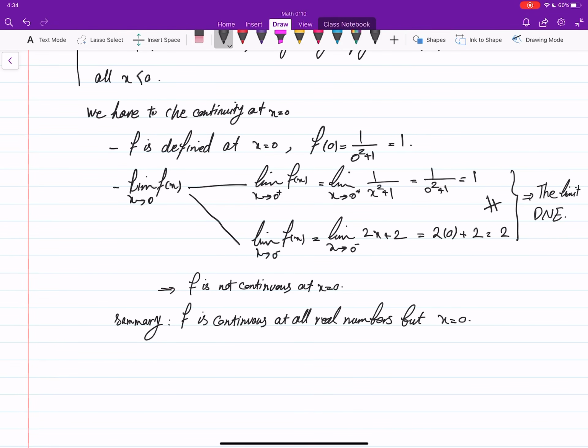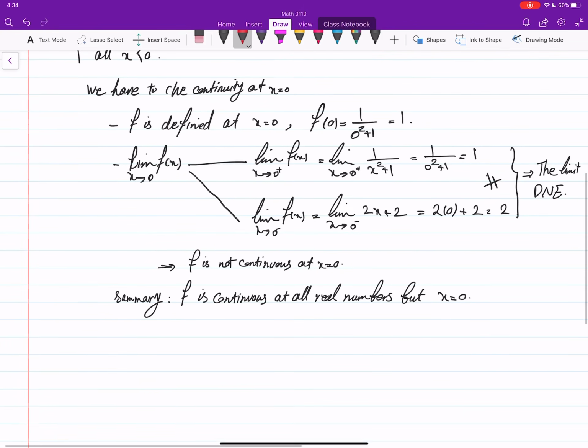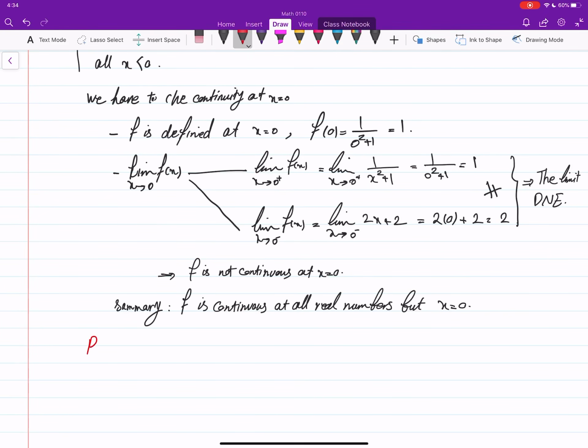But one thing that comes out of this example is that although the definition is always the same, the function is defined, the limit exists, and these are equal, in the case of piecewise defined functions, maybe we have to do a little bit more.